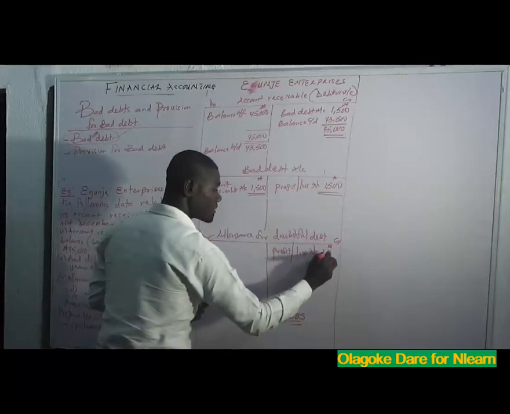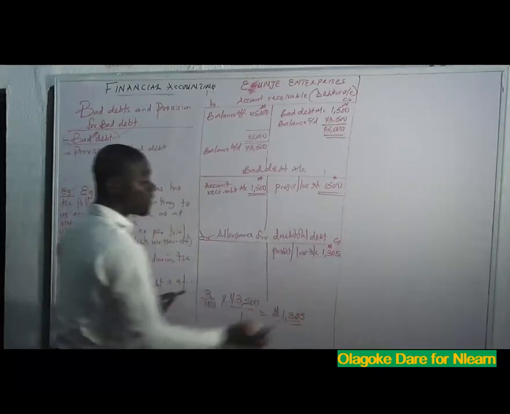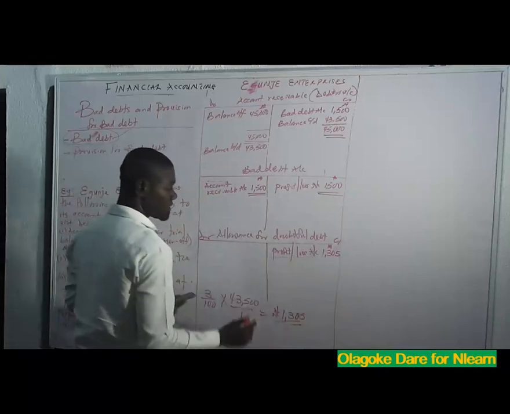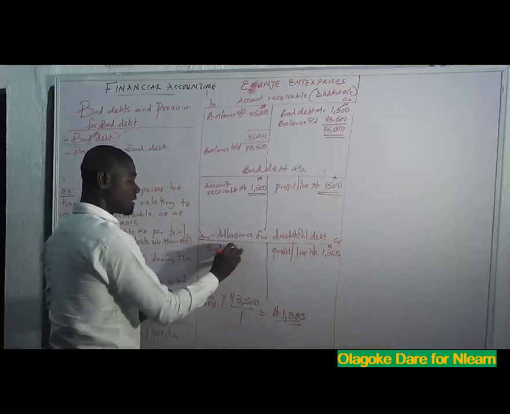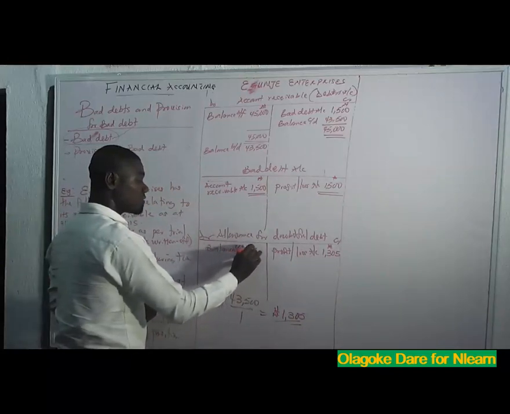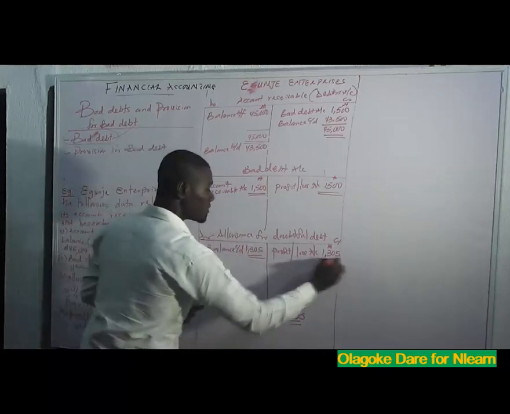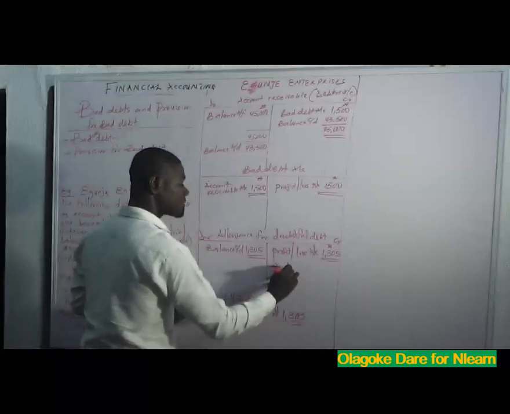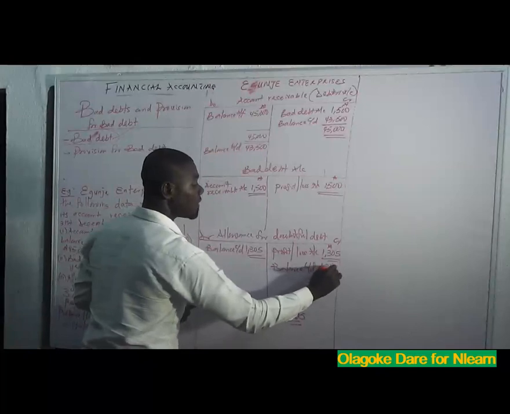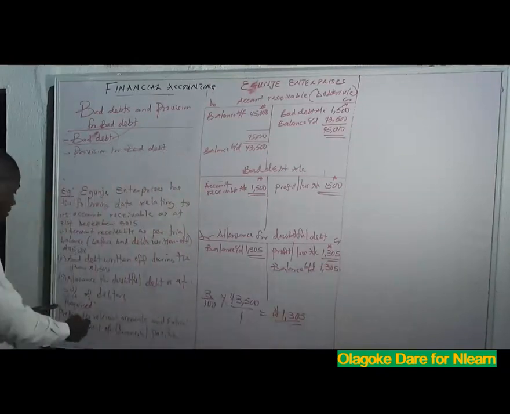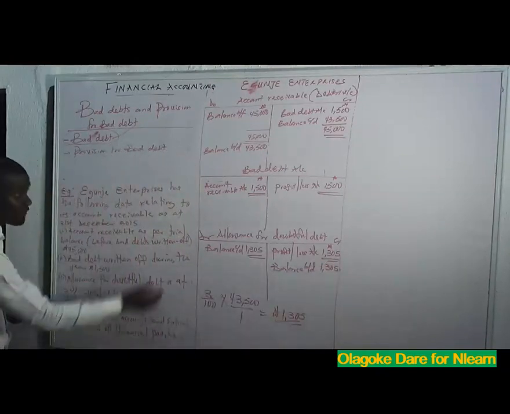We have 1,305. This is the amount that will be in our income statement. So we are going to have balance carried down 1,305. Then we have balance brought down, 1,305. Now the question says, prepare the relevant account, which we have done.